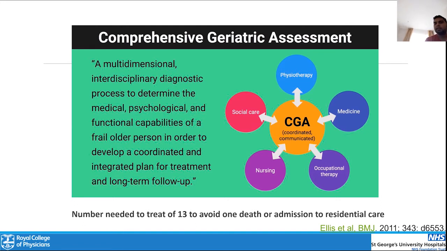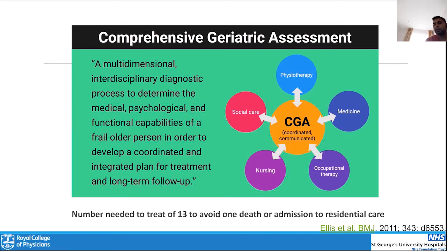The idea is that you perform a holistic assessment of your patient to come up with an integrated management plan, which is coordinated. Not every patient needs every one of the different elements. It might be that the patient needs more therapy or more social or nursing needs, or it might be a balance between each one.